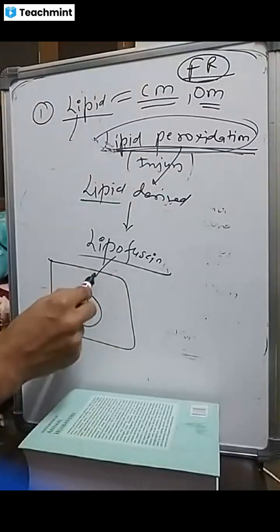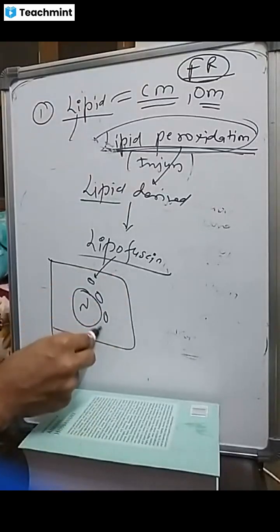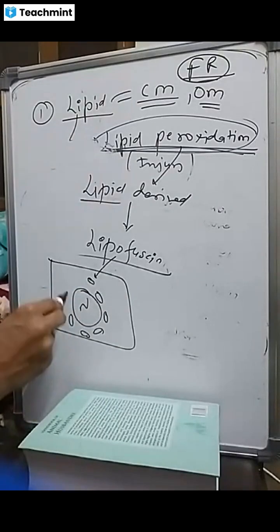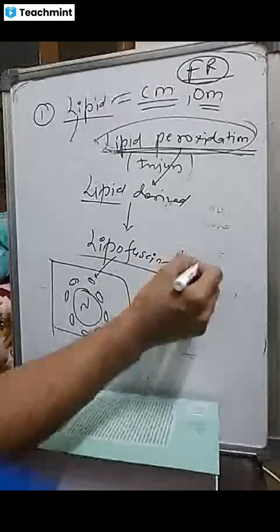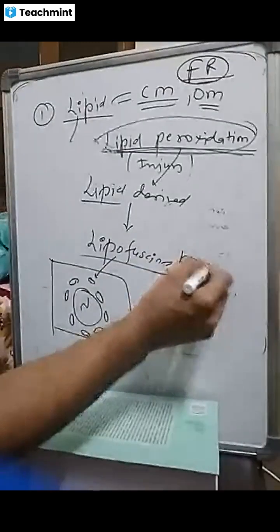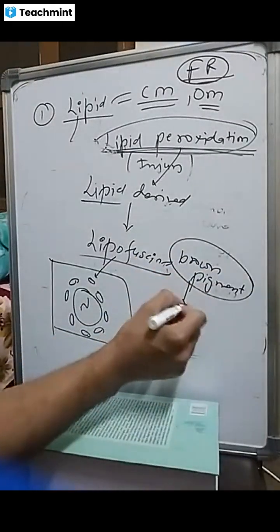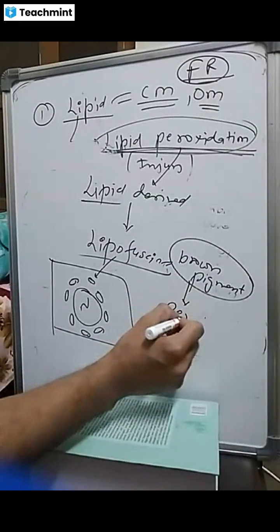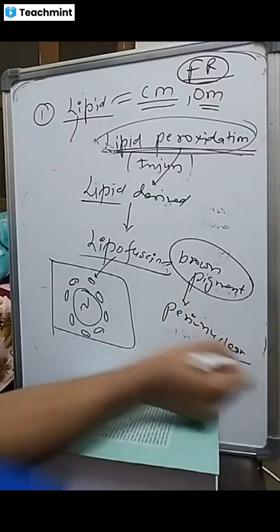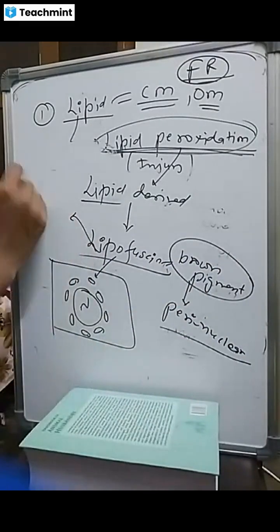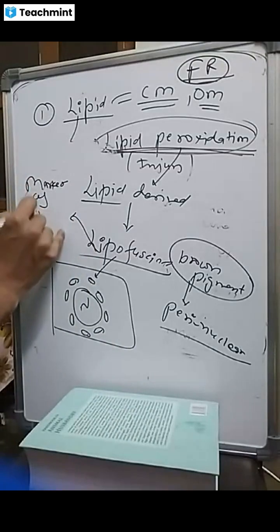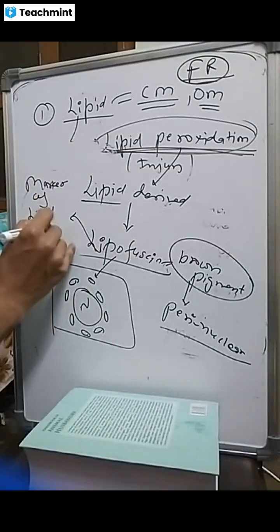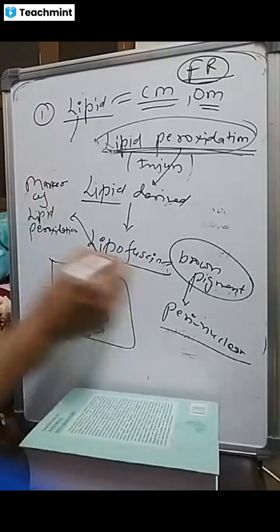This pigment is present around the nucleus, in the perinuclear location. This is a marker of lipid peroxidation.